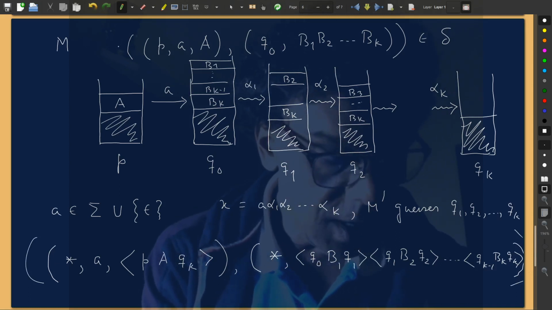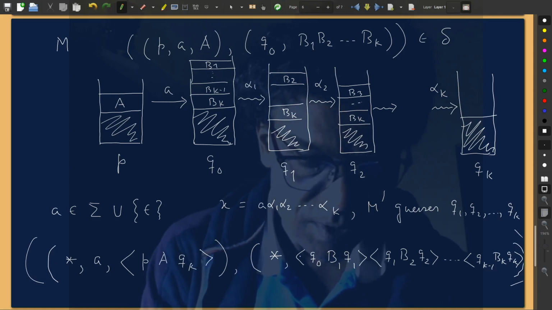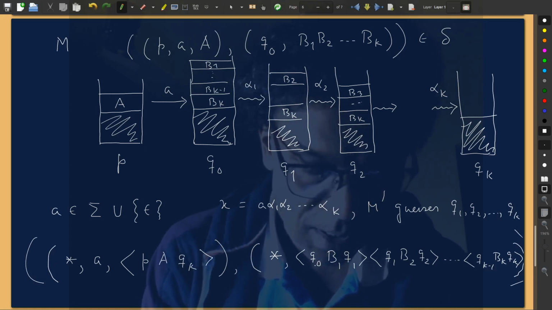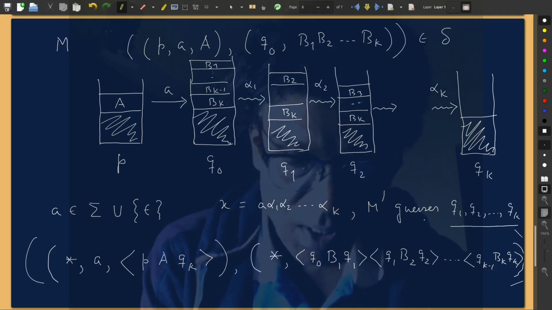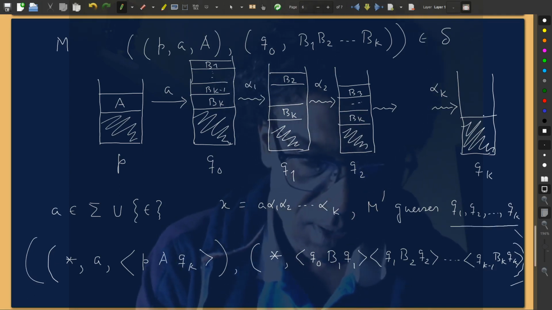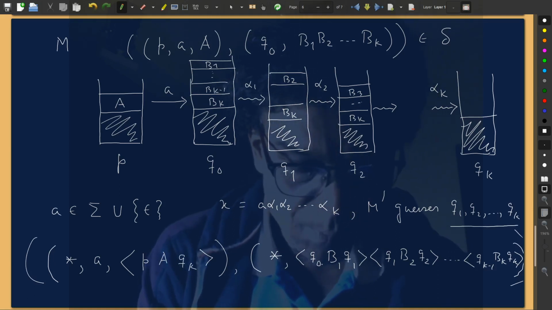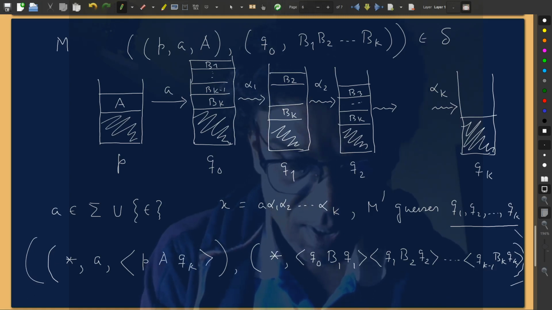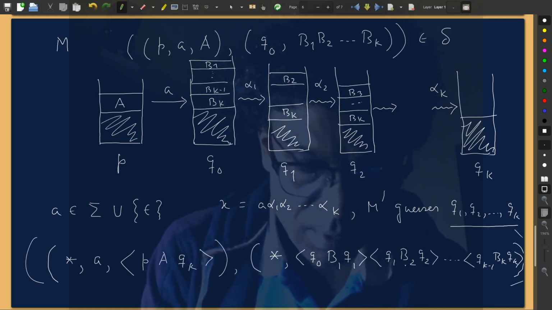Now, for each transition of M of this form, I will introduce all possible transitions of this form, for all possible guesses of Q1 through Qk. If any guess succeeds, then M prime will be able to get rid of B1 by going to some guessed state. It will be able to get rid of B2, and then B3 and so on.